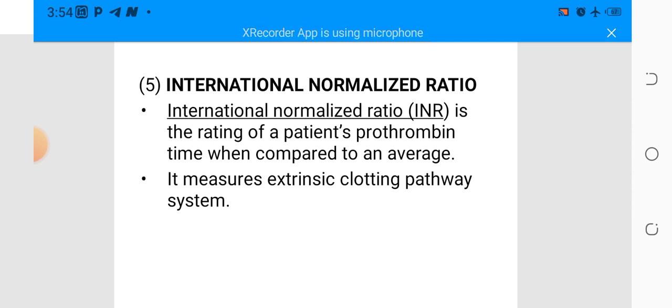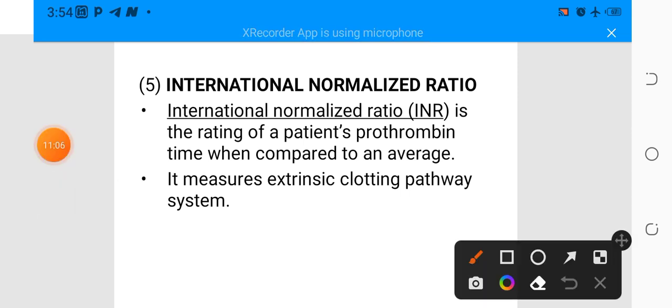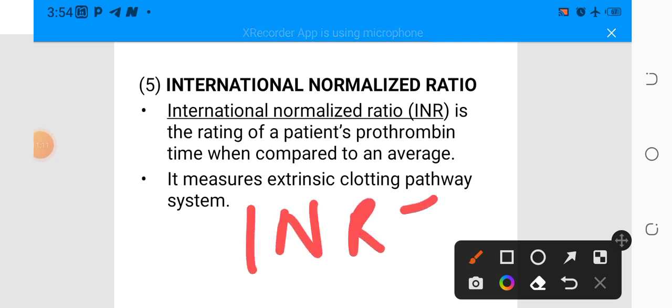The normal INR is about 1. So if INR is maybe 2, it means blood takes a longer time to clot.